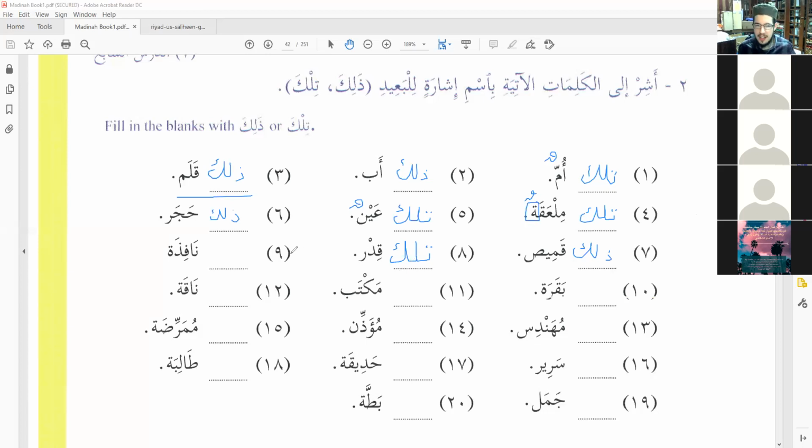It violates all the other rules that we've learned, but it is feminine. Good. Brother Muhsin. There you go. تلك نافذة. Very good. Nafidatun, the window. Sister Sire. Oh, tilka bakratun. Yes, fantastic. Sister Masarrat, 11. ذلك مكتب. Excellent.